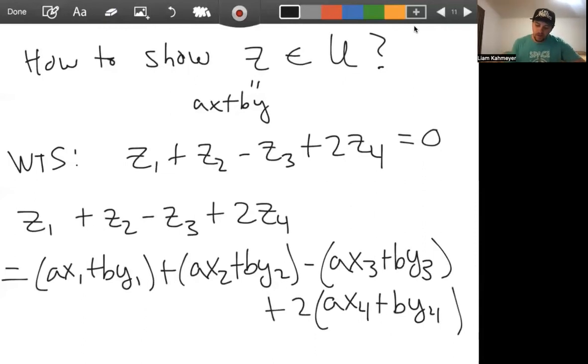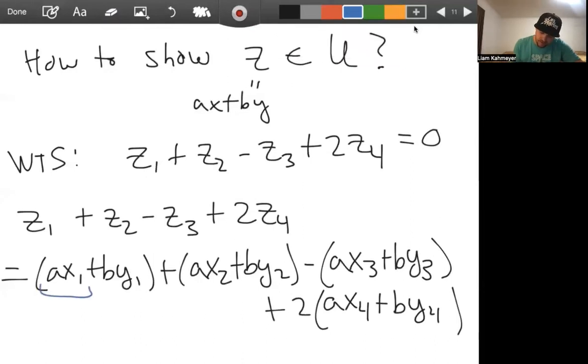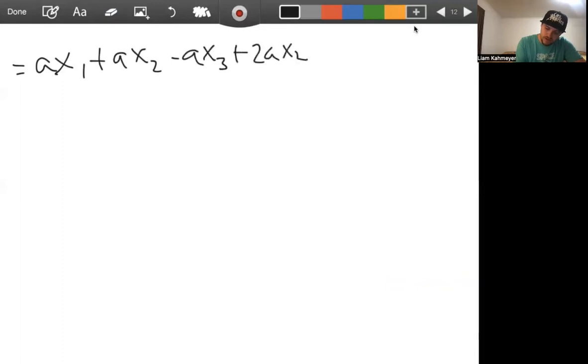What do we have? Well, let's group everything that has an a, everything that has a factor of a in it and everything that has a factor of b in it. So for the factor of a, we have ax1 plus ax2 minus ax3 plus 2ax4.